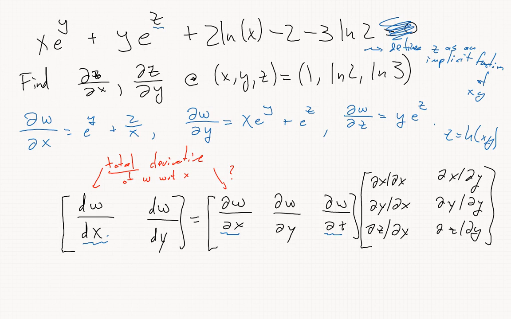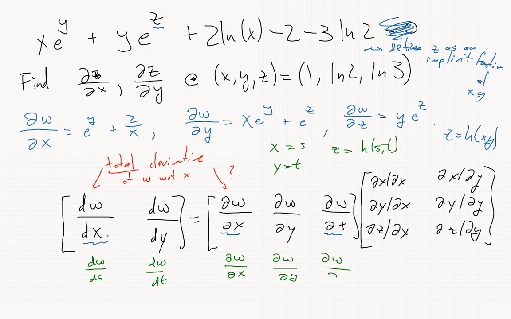Another way that might make this look less bizarre would be to introduce new variables and write x equals s, y equals t, z equals some function of s and t, and then here you would have dw by ds, dw by dt, and here you'd have still del w by del x, del w by del y, del w by del z.